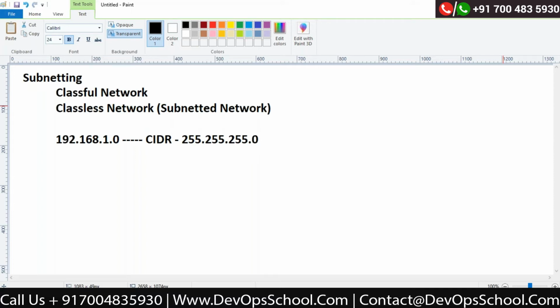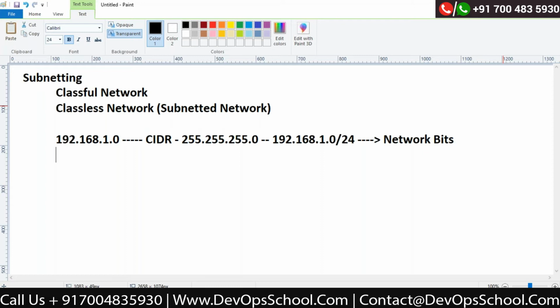Now, in CIDR, how are we going to write it? 192.168.1.0 slash 24. Now, what does this slash 24 identify? The slash 24 is nothing but your network bits.